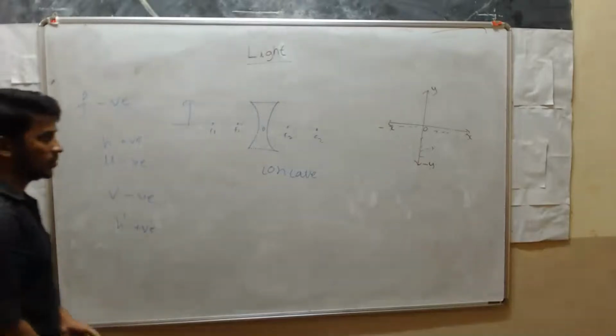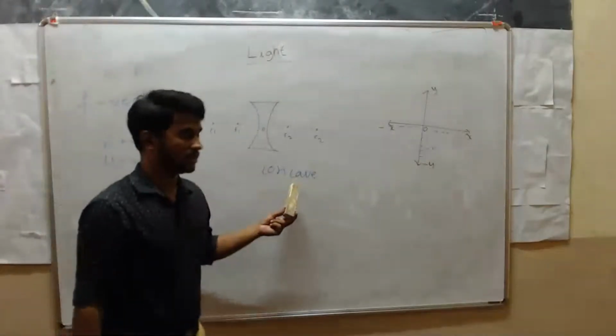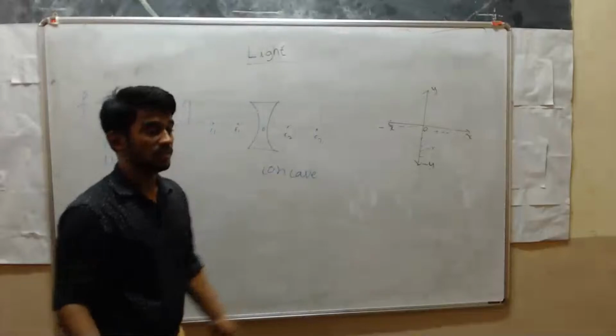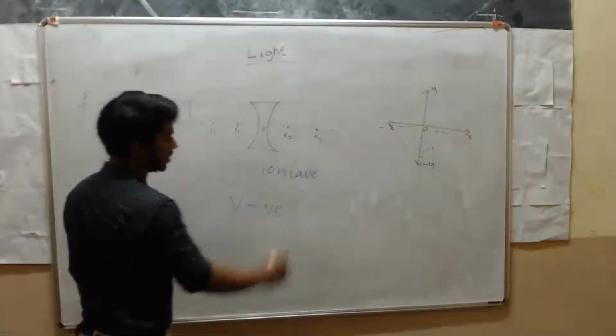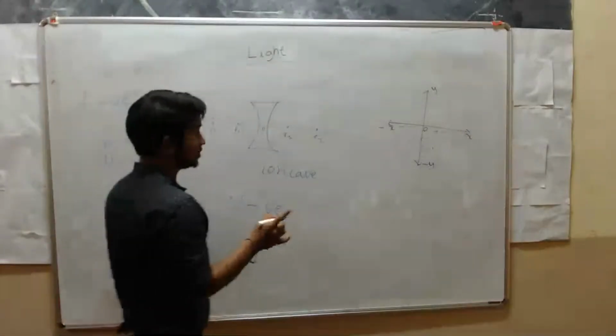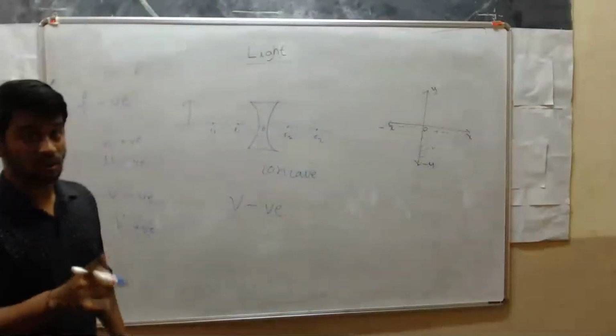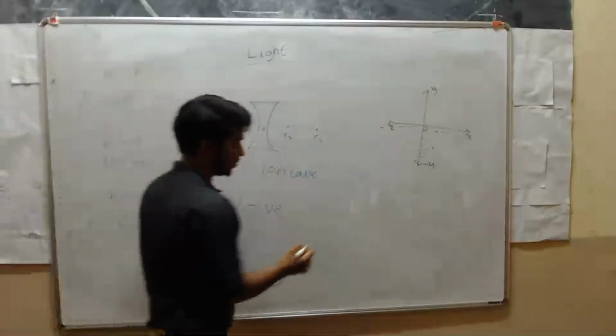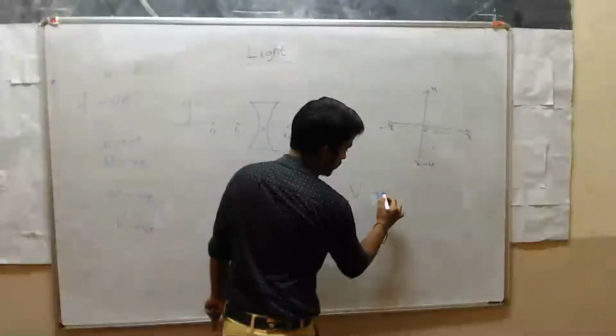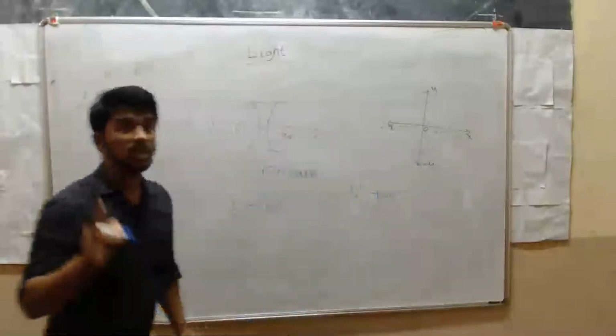While solving a problem, if they mention the lens is concave, then you should get the v value in negative only. Why? Because I am talking about lenses, not mirrors. In mirrors, this is different. In lenses, if you get v values in positive, then the image is real.